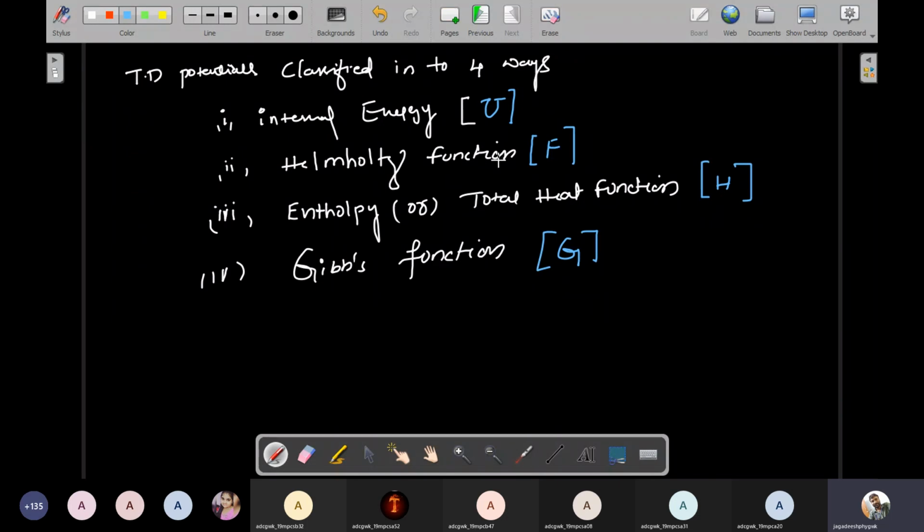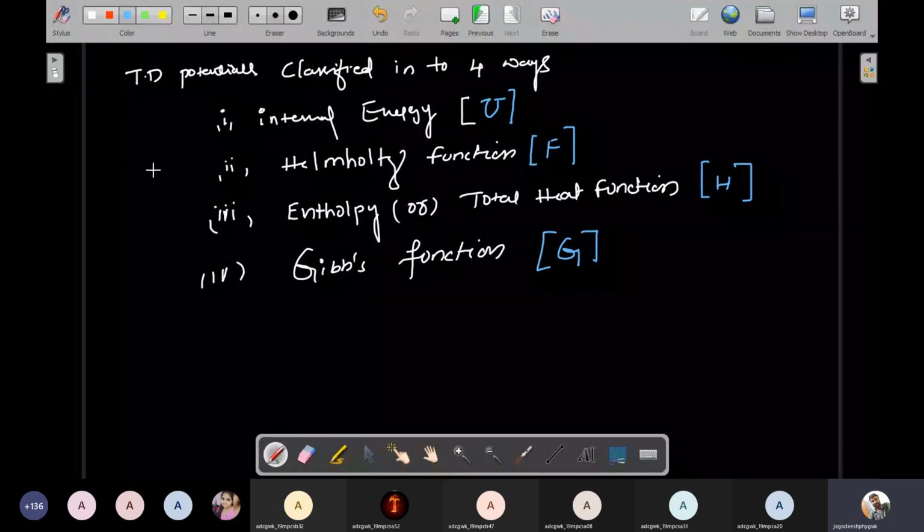In the next class, we will derive the internal energy of the system, the Helmholtz function, enthalpy, and everything. Please note, everybody, these 4 are called thermodynamic potentials.